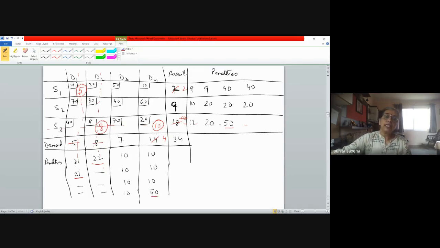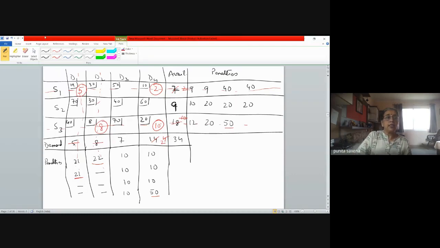We look for a cell that has the minimum cost, which happens to be 10 here. The allocation to be made will be a choice between 2 and 4, so we allocate 2 units to it. My supply and demands get adjusted, and my first row gets exhausted.